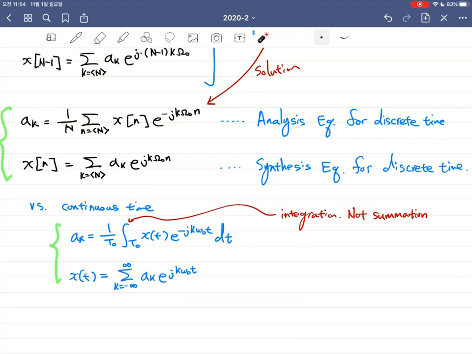And if you compare this synthesis equation for discrete time with continuous time, the main difference is that for the continuous time you need an infinite number of summations. However, for the discrete time you only need the summation for one period. That's the key difference between continuous time and discrete time.